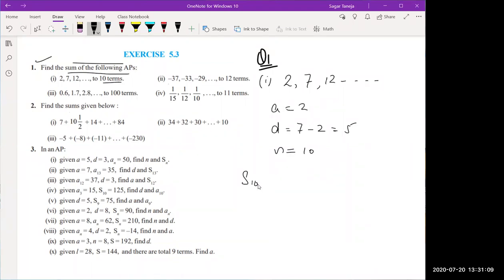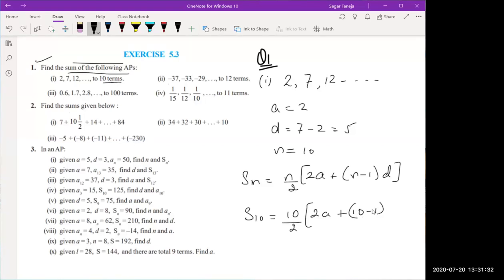First of all, let me write the formula. Sn is equal to n by 2, 2a plus n minus 1 d. Here we can write S10, 10 by 2, 2a plus 10 minus 1 d. In place of n, we have to just write the value of n. And with that, we can write all the values even.